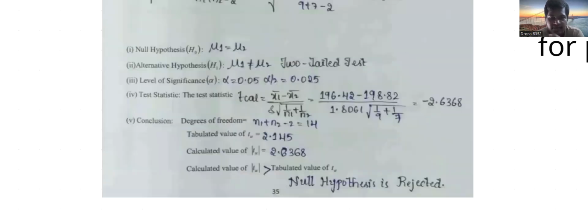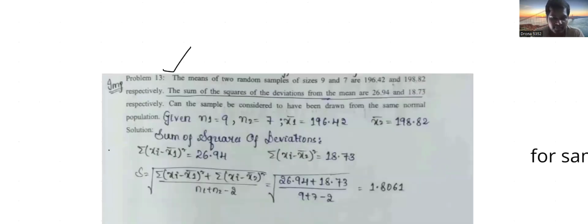The same applies to this next problem. Here they have given two random samples of sizes n1 equal to 9 and n2 equal to 7 with respective means. See the sum of squares of deviations from the mean; here they have given these values. We have to read the question carefully.